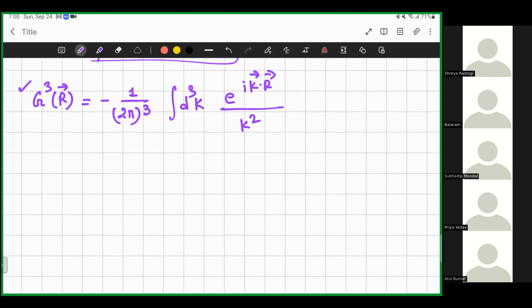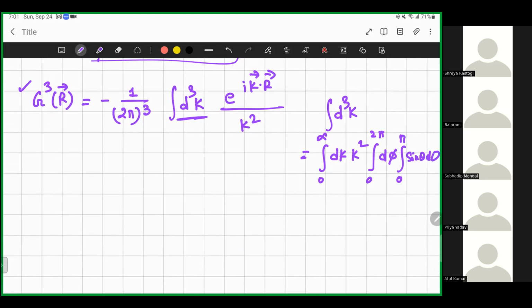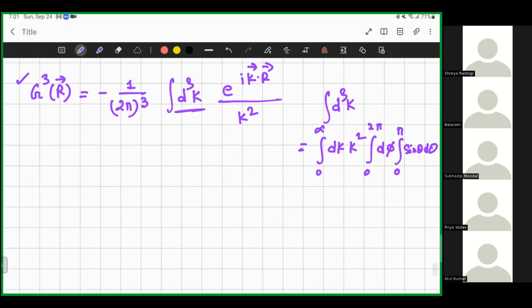So now this is 3 dimensional. What does our d3k mean? Actually this is dk k square from 0 to infinity, 0 to 2 pi d phi, and 0 to pi sine theta d theta. This is the volume element if we integrate in 3 dimensions.